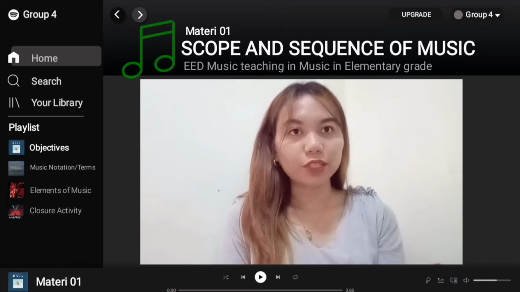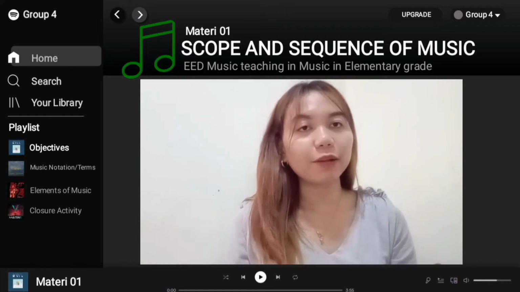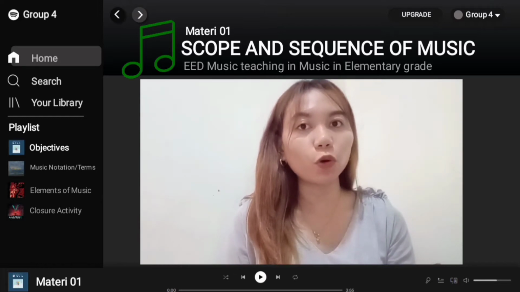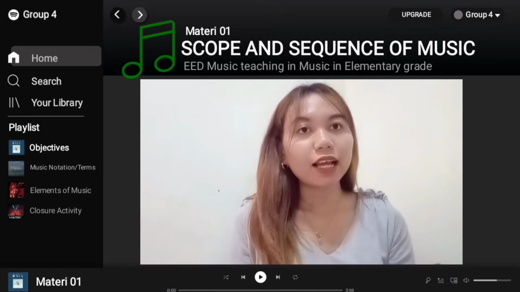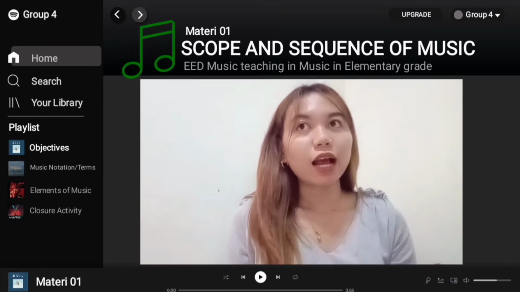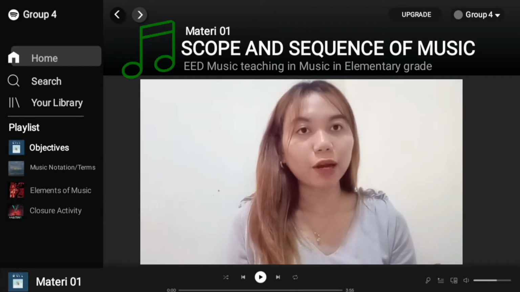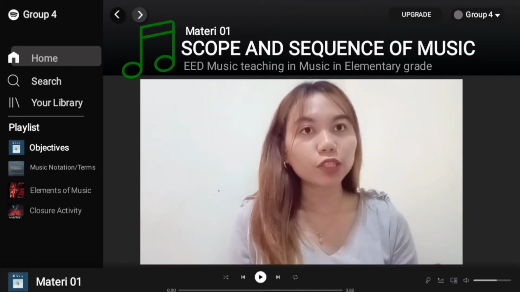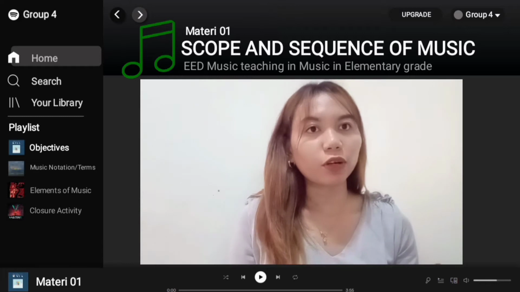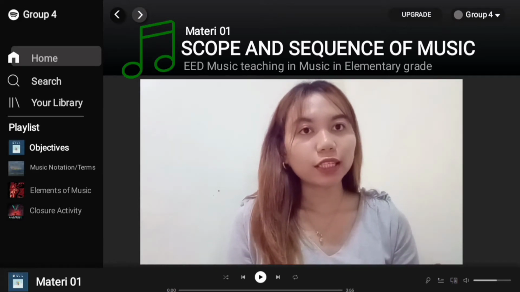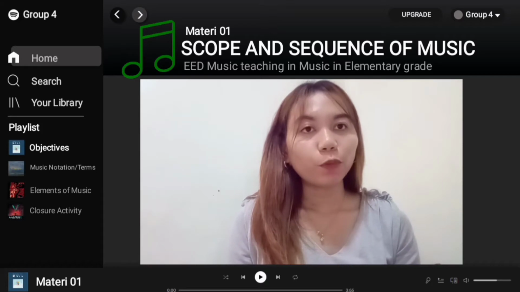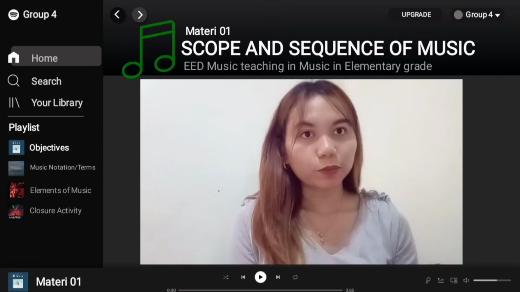Scope and sequence in music will help us to organize and plan our lesson. Kasi ang pinaka-goal dito, kapag music teacher ka, is mas maintindihan nila yung isang concept at mas makita nila yung purpose ng bawat mga notes, kung bakit nandun yon, kung bakit merong ganito. So, yun yung pinaka-goal ng isang music teacher na mapakita yung purpose ng mga terms na yon.